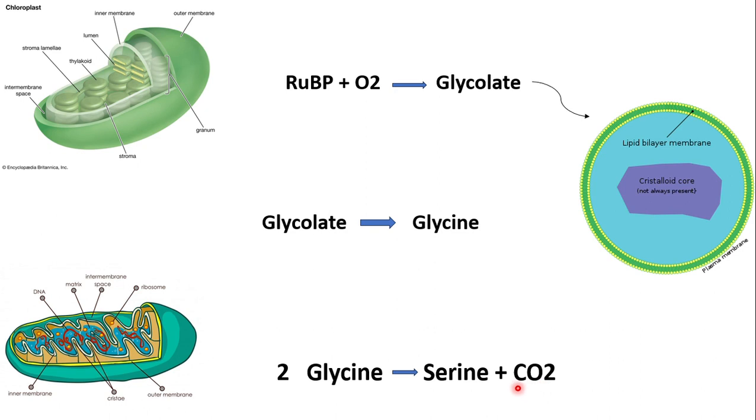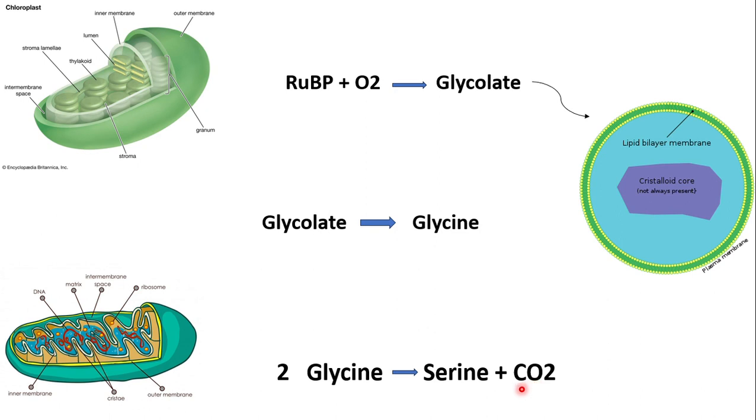Here in photorespiration there is production of carbon dioxide. But in the Calvin cycle, the carbon dioxide was fixed into carbohydrates, and there was no production of carbon dioxide. And in the Calvin cycle there was the production of glucose. But in photorespiration, there is no such product like glucose. There is only the production of carbon dioxide.